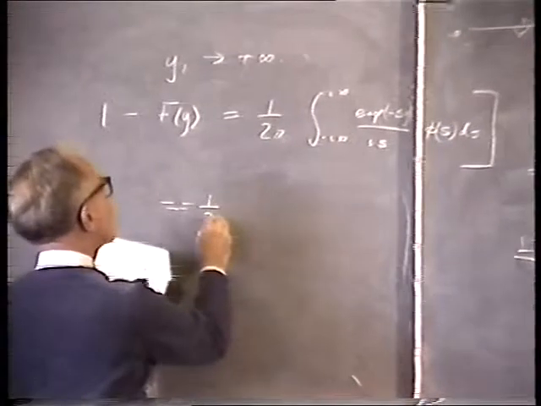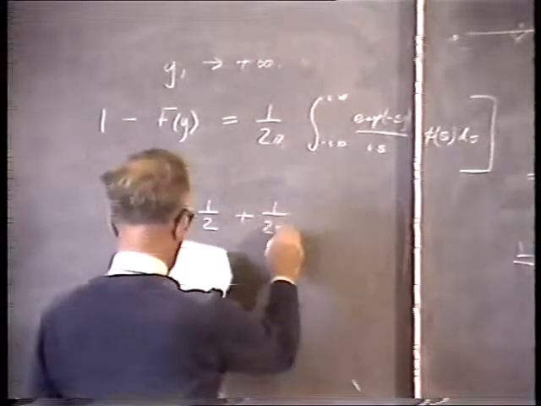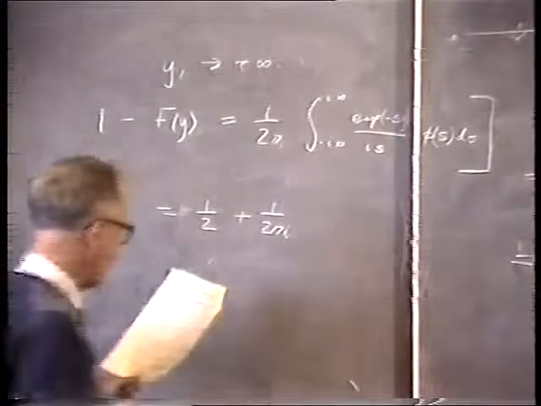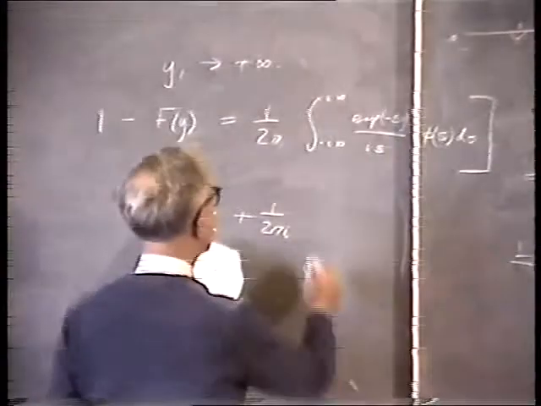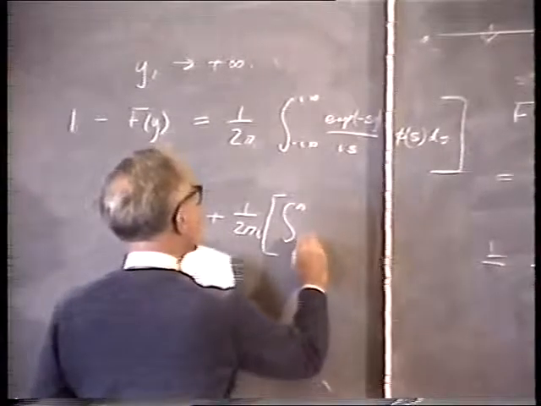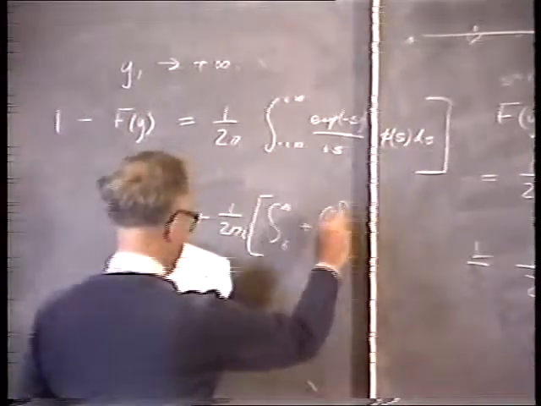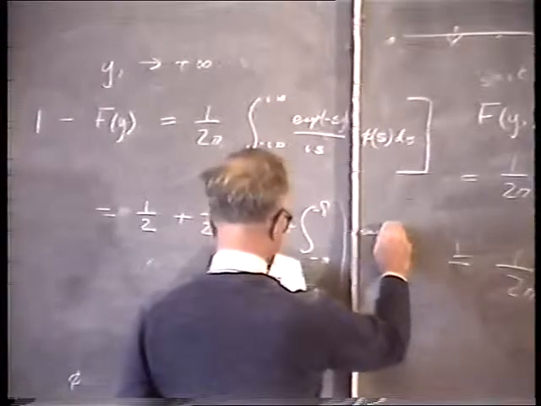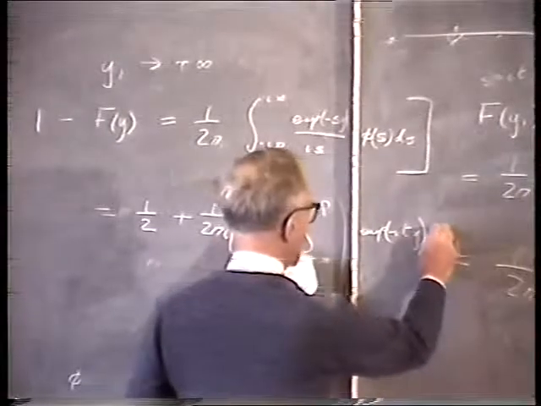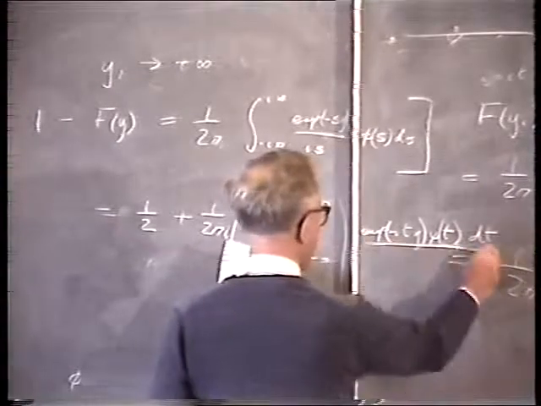We find the effect of that is simply to give us a half, and then we have 1 upon 2 pi i, taking the i that we have here outside, and a double integral, infinity to delta plus minus infinity to minus delta, times exp(ity) psi(t) dt upon t.